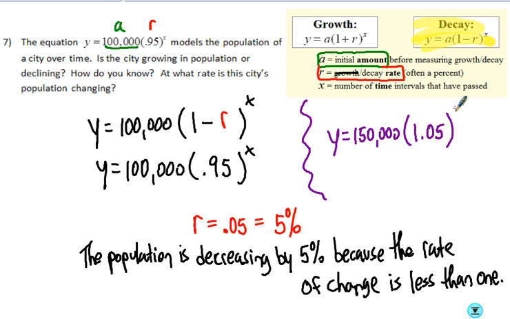Since that's greater than 1, the population is increasing. The population would be increasing by, and what would you have added to get that? Well, 0.05 or 5%. So that's the difference: if it's less than 1, we're talking about something that's decaying, getting smaller. Greater than 1, we're talking about something that's growing, getting bigger.